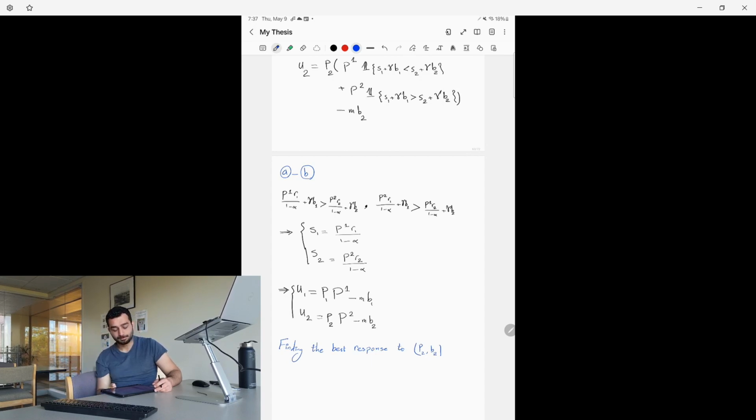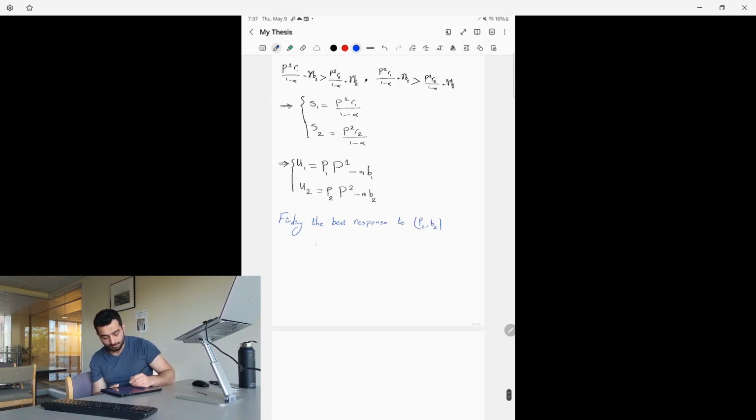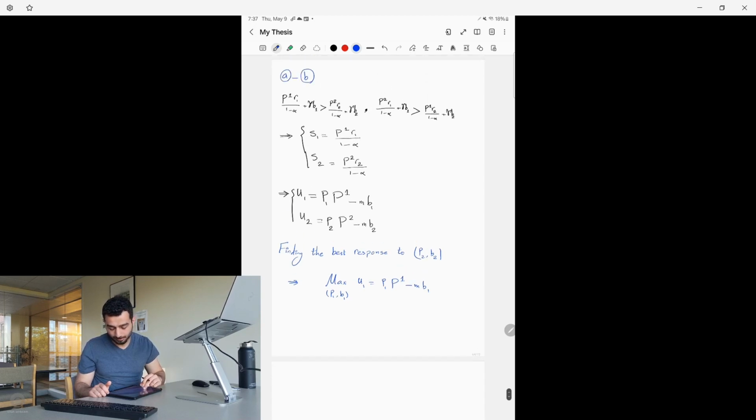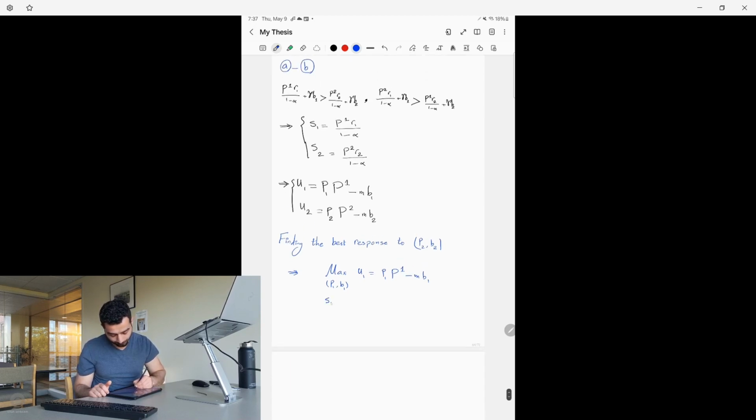So we are trying to maximize U1, P1 minus M B1, over P1 and B1, right? These are the variables, subject to these constraints.